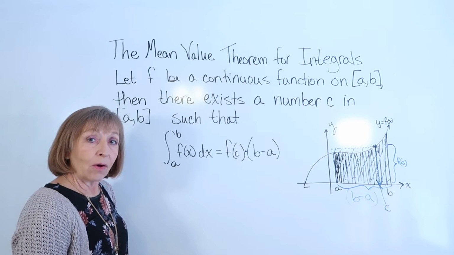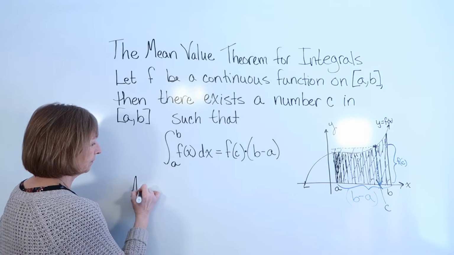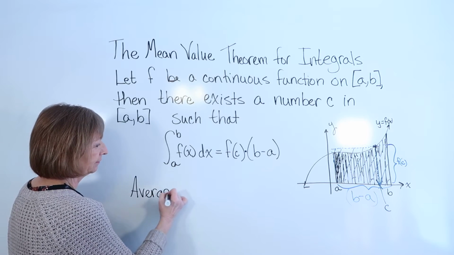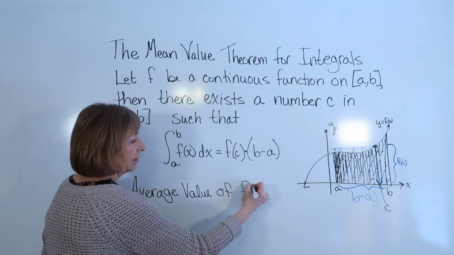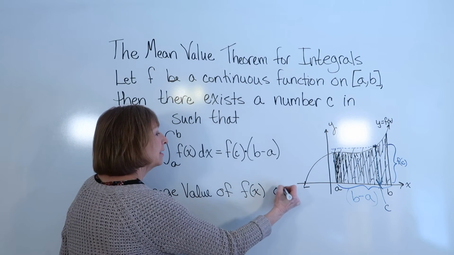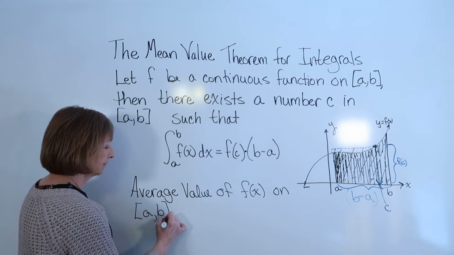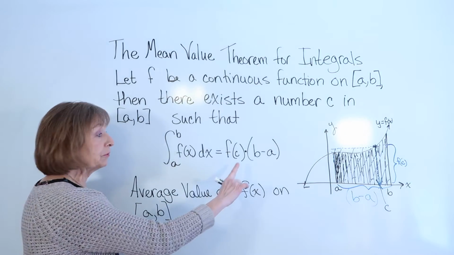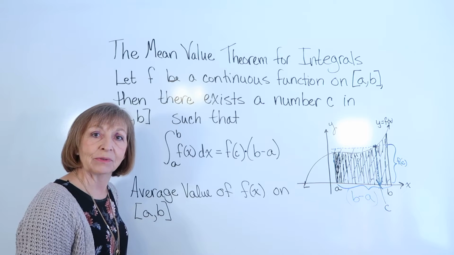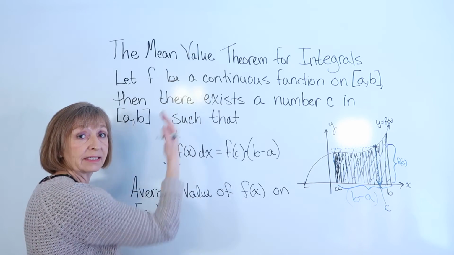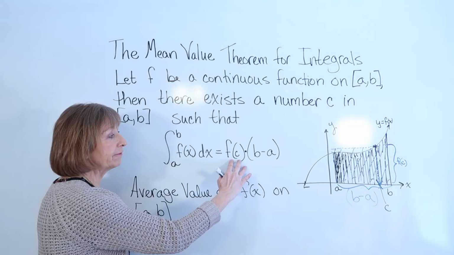So now, when we talk about the average value of a function on the closed interval from a to b, really what you do is you take this equation you had from the mean value theorem of integrals along with its condition, and you solve for f of c.